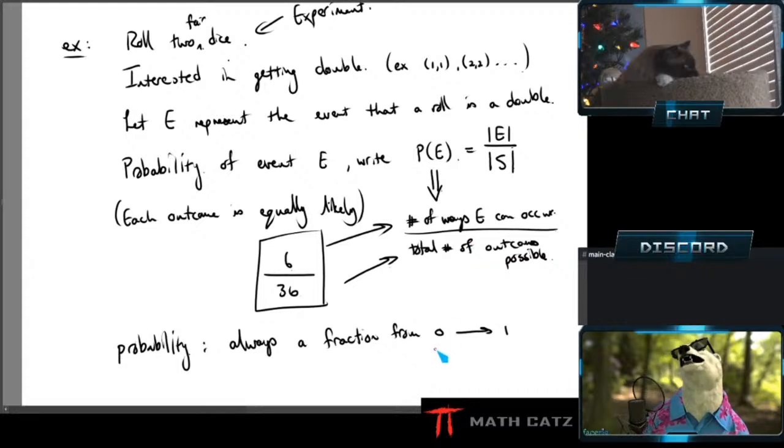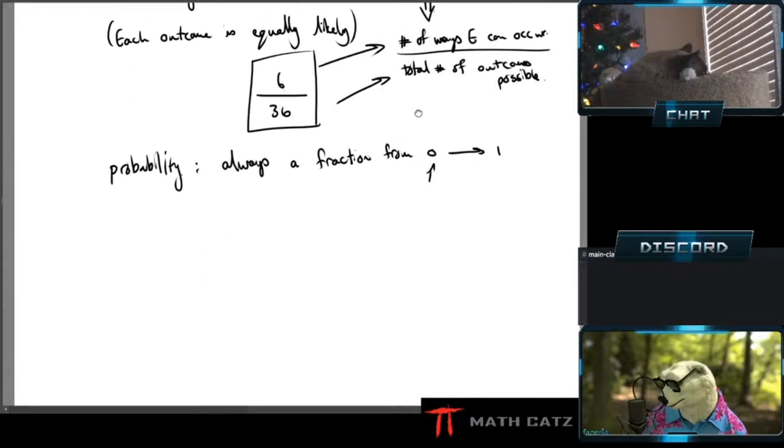The worst case is if I have such a weird restriction that I cannot get it. There's 0 ways of doing it. It's empty. Then I'll have a 0 over a number, indicating that this is close to 0. The 0 indicates the impossible side. It's impossible that I'll get it.